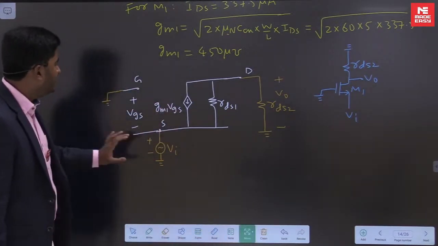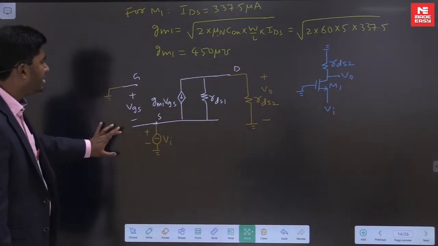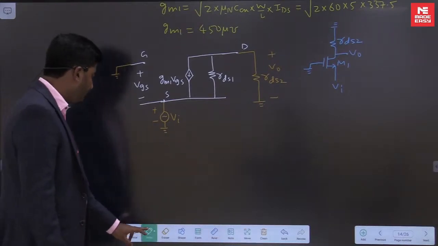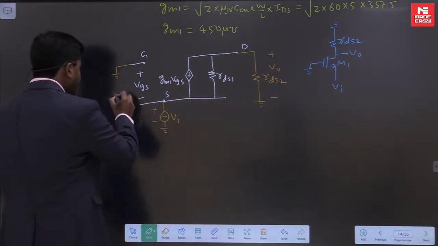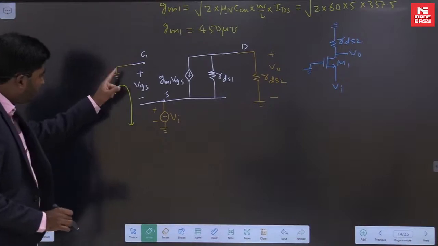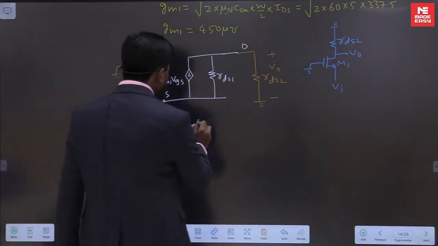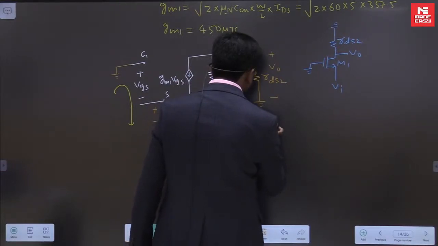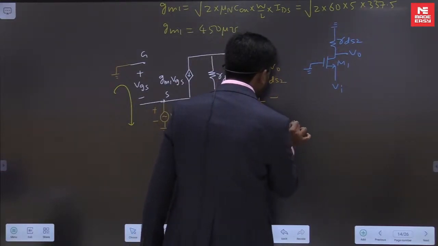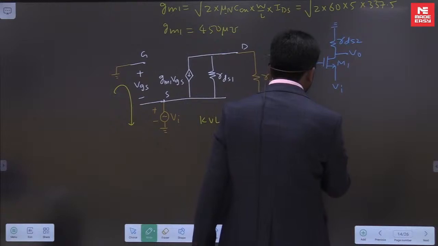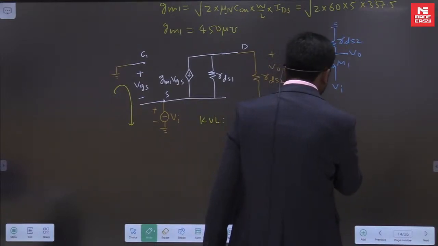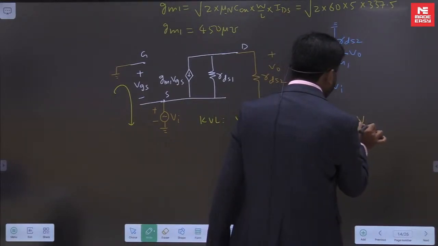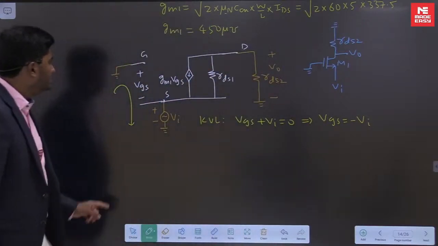Now from this circuit you have to obtain the voltage gain. So first apply a KVL in this loop. If you apply KVL here, you will get VGS plus VI equal to 0, or VGS equal to minus VI. Simple KVL.